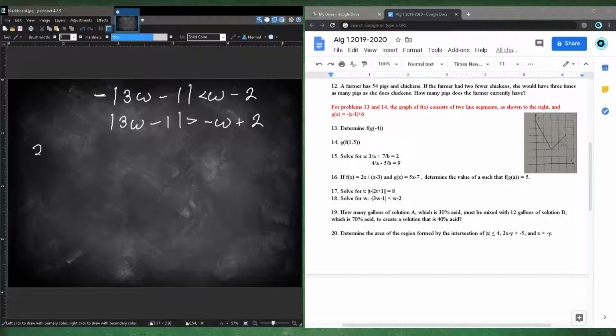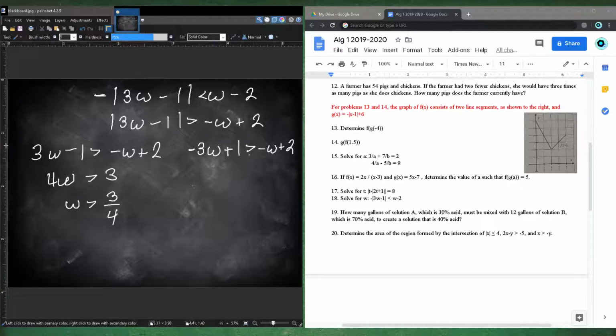Okay, so we're going to have 3w minus 1 is greater than negative w plus 2. Or we have negative 3w plus 1 is greater than negative w plus 2. Good. So add the w here, so that's 4w. And then add the 1, which is a 3, so w is greater than 3 over 4.